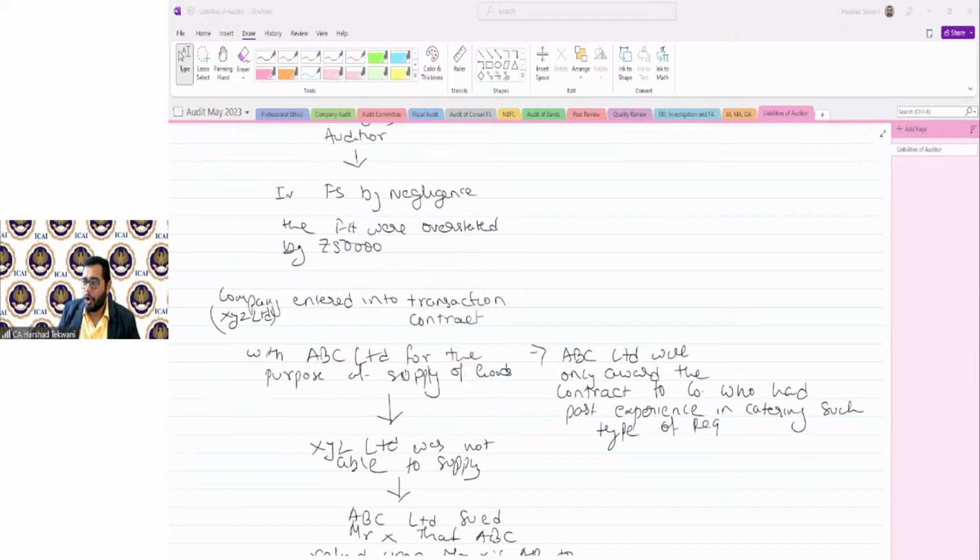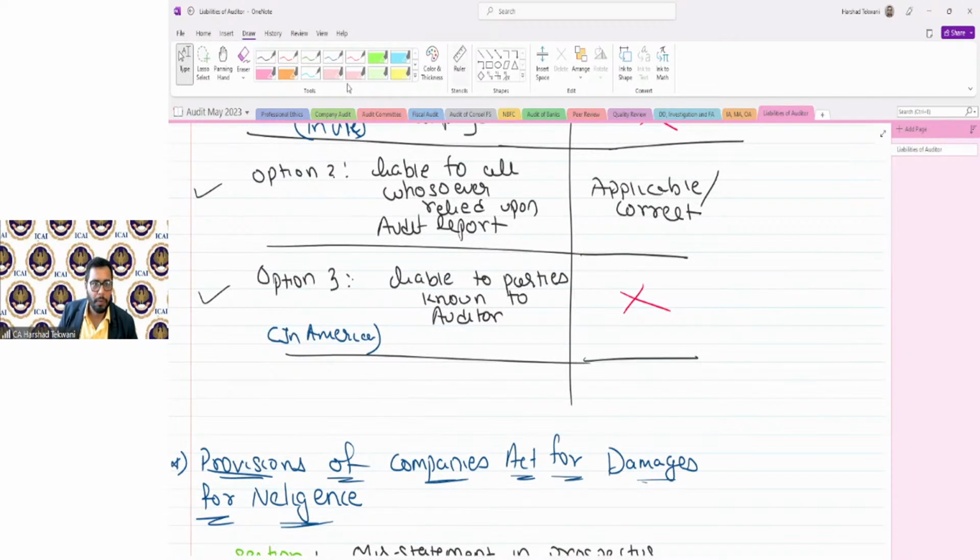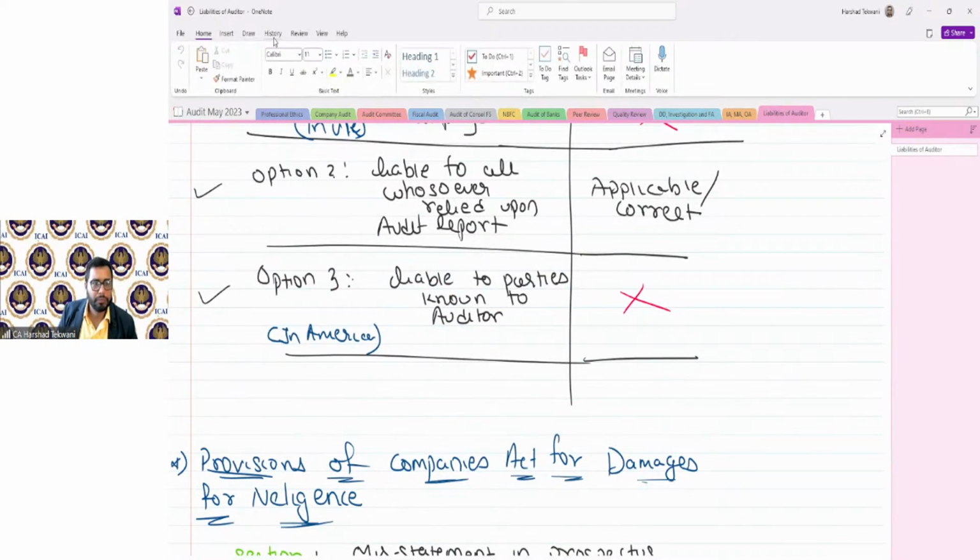So when I talk about basically the concept of the connection and establishment, there were three conditions which were laid down in that particular case. That was also established and discussed in other cases.